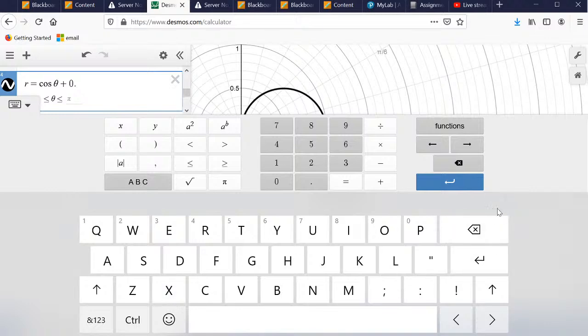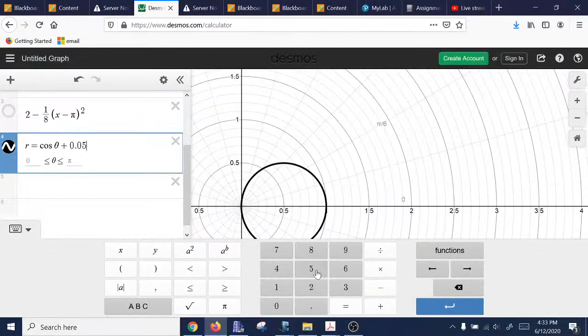What's 0.05 going to look like? Yeah, it's a little bit off so that the two loops become distinguishable and you can see more clearly that it's tracing the same thing out twice. I want to know what happens as I increase that theta value.